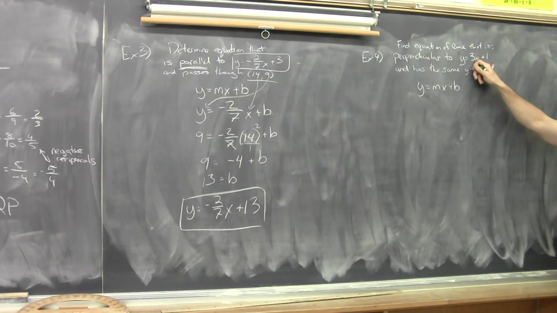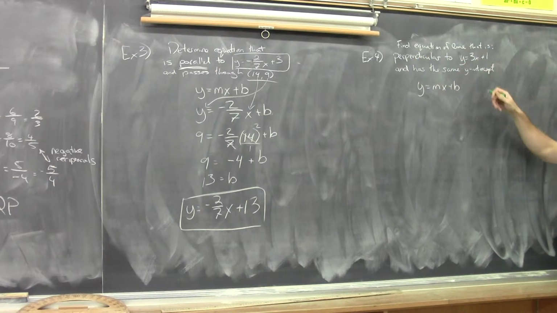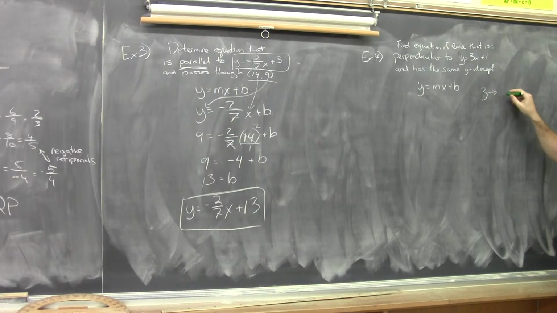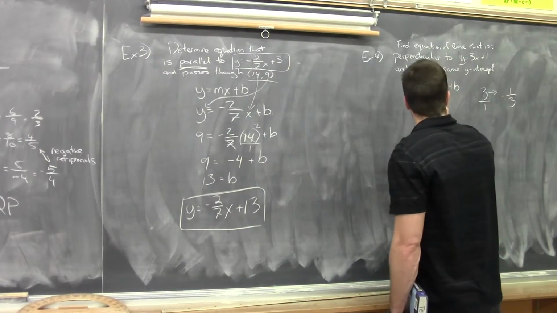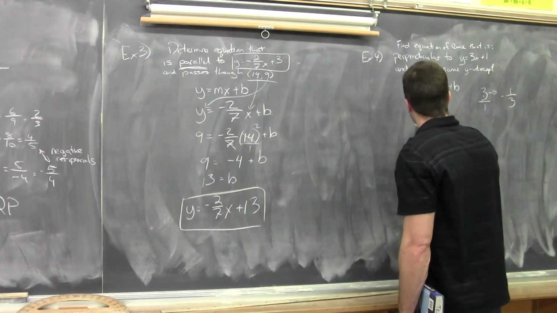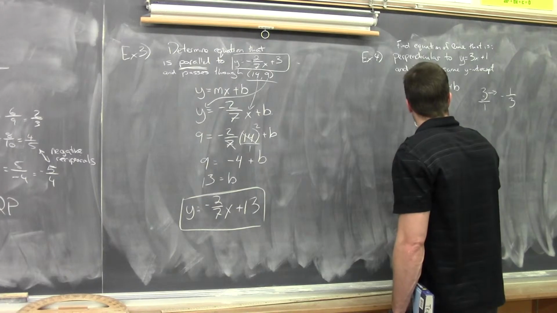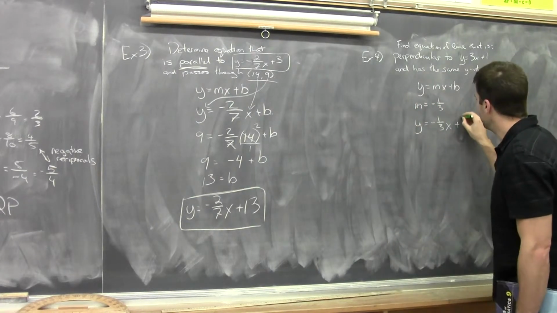We talked about this. So it's a negative reciprocal of this. So if this slope is 3, in negative reciprocal, you're going to flip it. So it becomes negative 1 over 3. Okay? So our slope m is going to be negative 1 over 3. So y is equal to negative 1 over 3 x plus b.